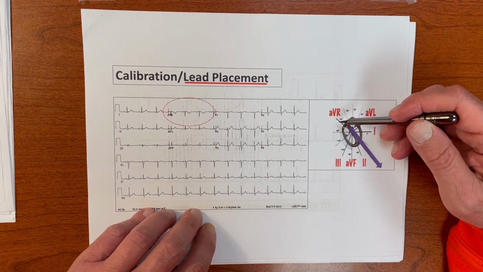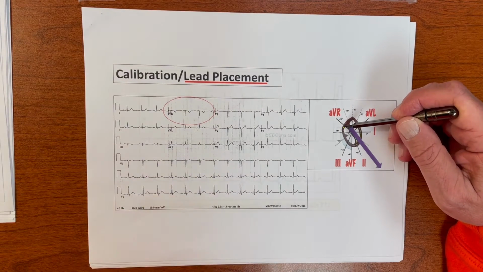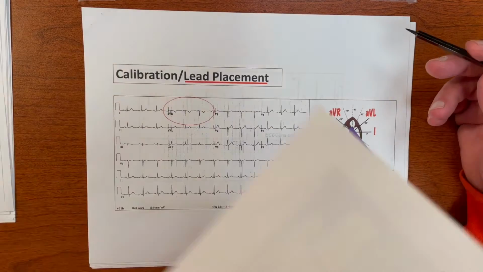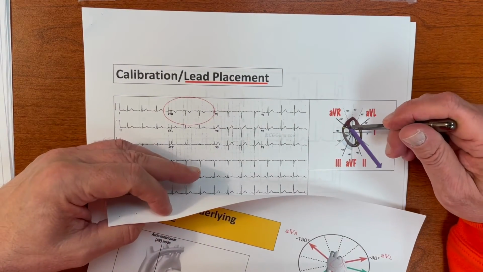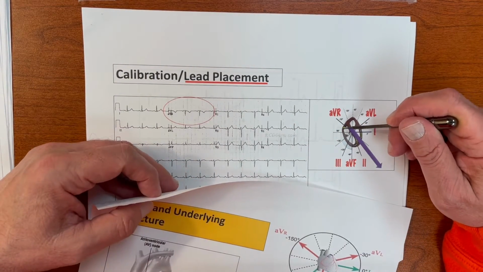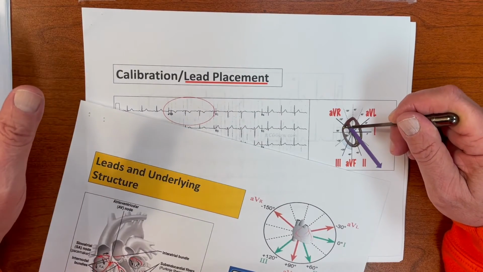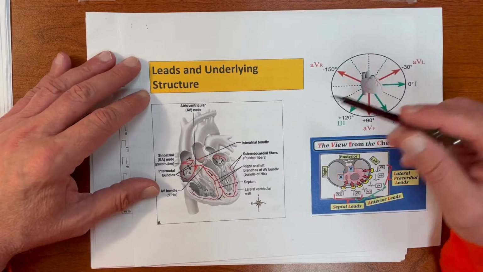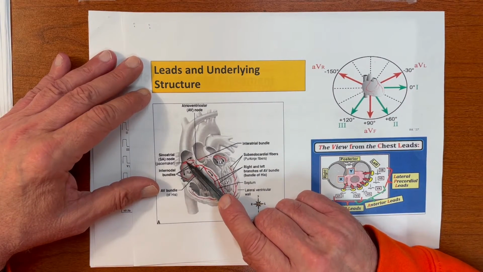If we summed up all the vectors, we're going to want to know where the impulse that's depolarizing the heart starts and how it gets conducted through all the tissue. We discussed how the sinus node is the most superior structure.